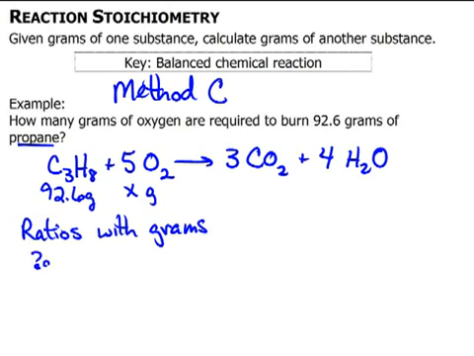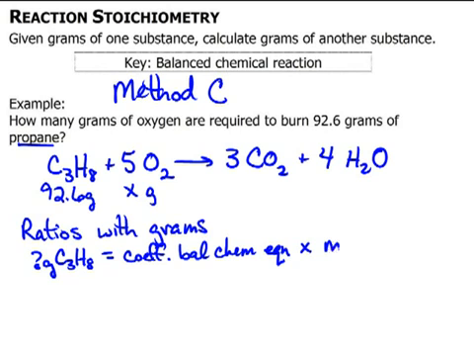So I need to know how many grams for C3H8 if we have, okay, so this is going to be the coefficient in the balanced chemical equation times the molecular weight of C3H8.